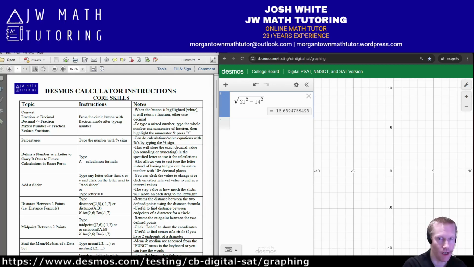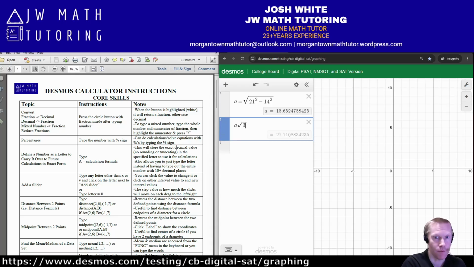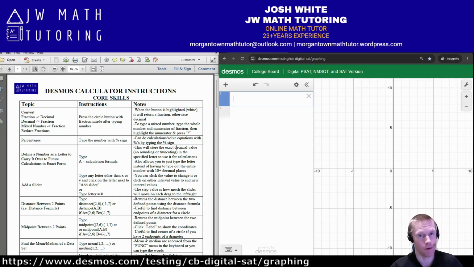So I'll just call this A. And now, if you needed to take the length of this leg of the right triangle and multiply it by, I don't know, maybe square root 3, and then add something to it, plus 50 or whatever, you can get the exact value, no rounding, no truncating, when you solve this problem by doing the calculation, defining it as a letter, and then using that letter in the future calculations going forward.